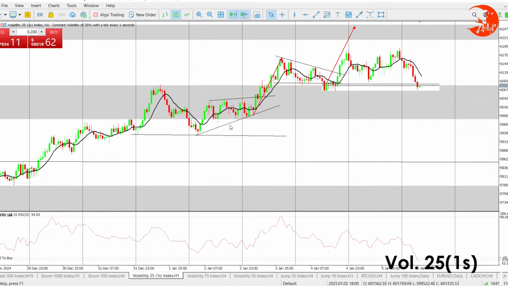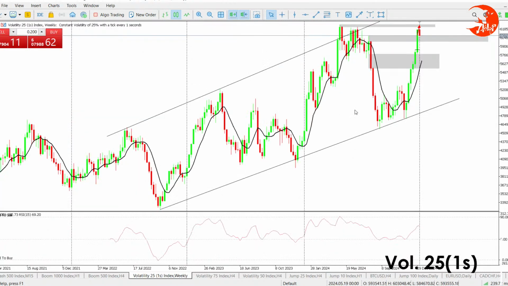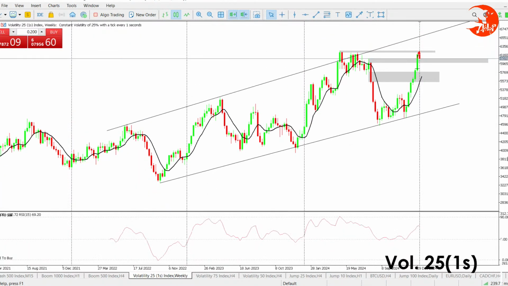But before we go back there, first let me delete all this so that I can start from the weekly point of view. From the weekly point of view, you need to understand that we should be looking for sells. Yes, we are in that rising wedge, and we were retesting.